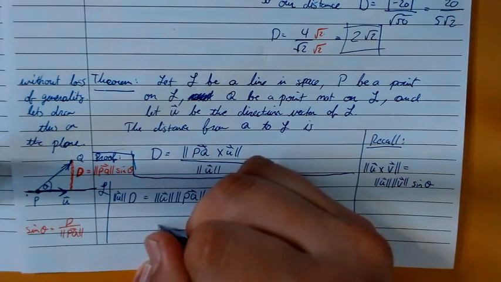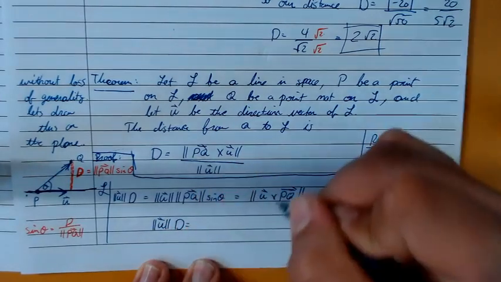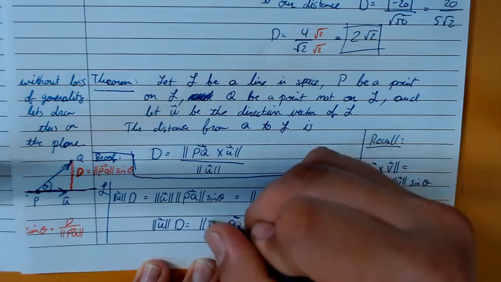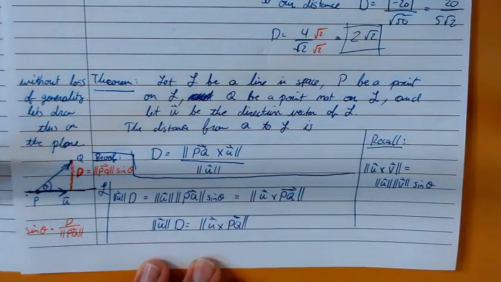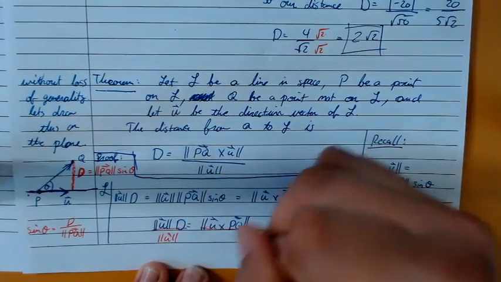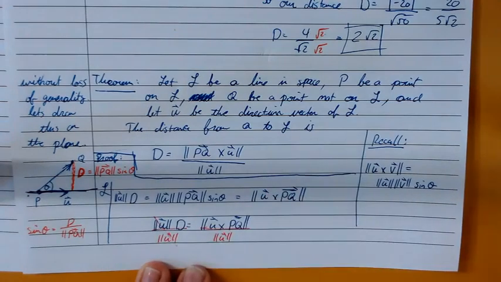So here, the magnitude of u times d is equal to the magnitude of u cross PQ. I can divide both sides by this magnitude of u, and that's my result.